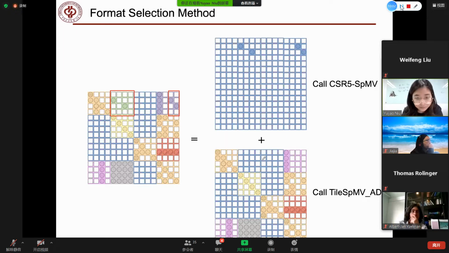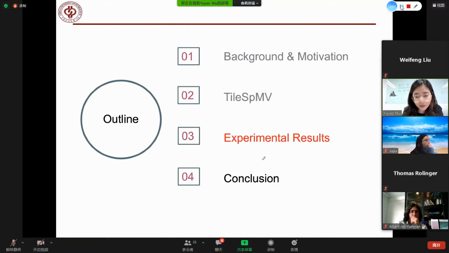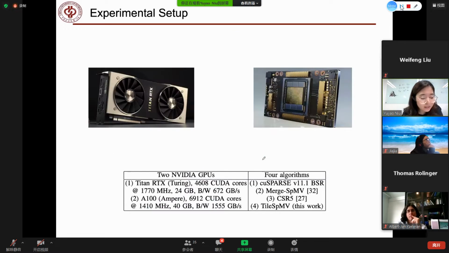And the second part, our experiment. Our experimental platform includes two NVIDIA GPUs, the GeForce Titan RTX GPU of Turing architecture and the latest A100 GPU of Ampere architecture.